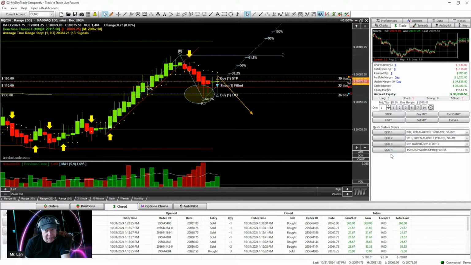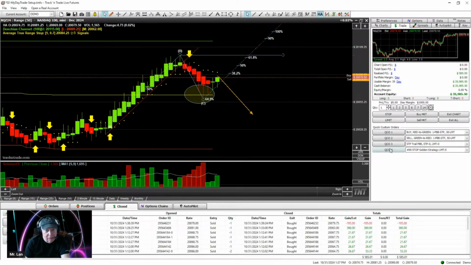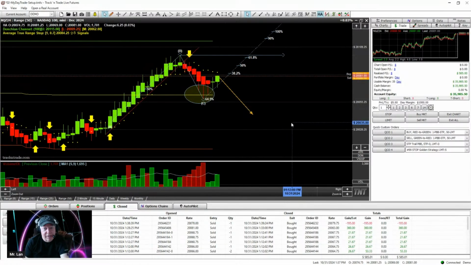Bears are trying to push them back down. Bulls are going up long. Oh, no. We got tackled behind the line of scrimmage. We lost yardage on that one. $195. That was a nasty trade.